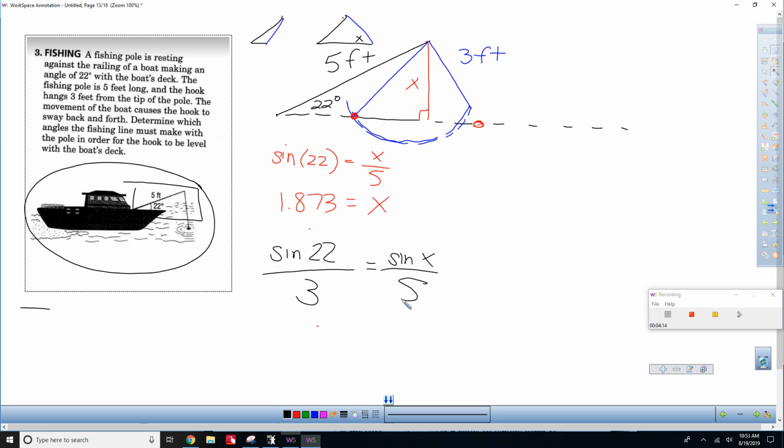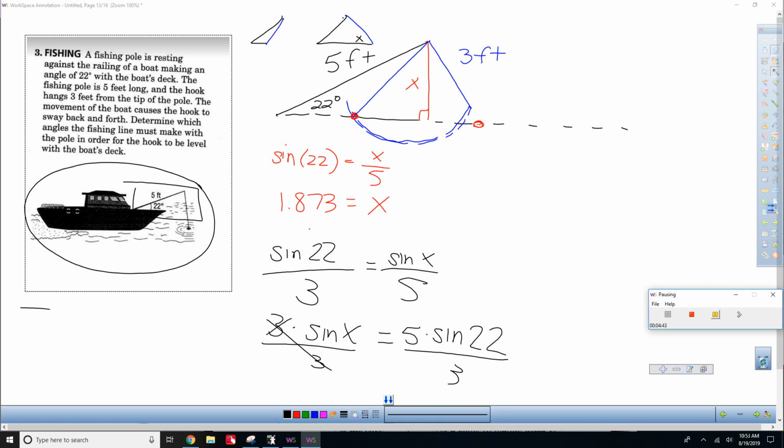So then you cross multiply and you get sine of x times 3 equals 5 times the sine of 22. Divide each side by 3. Sine of x is 5 times the sine of 22 divided by 3.